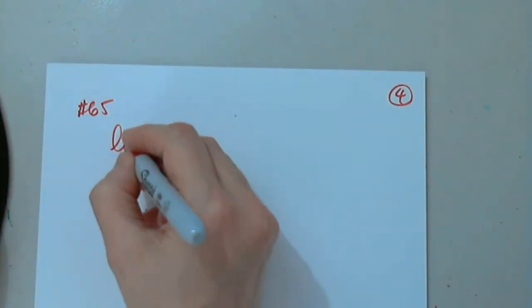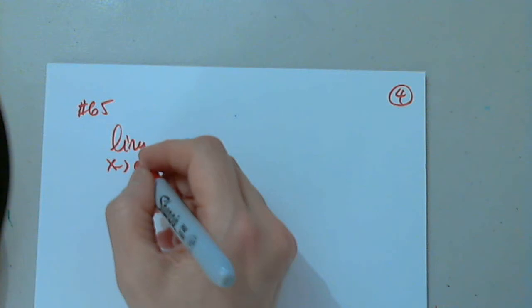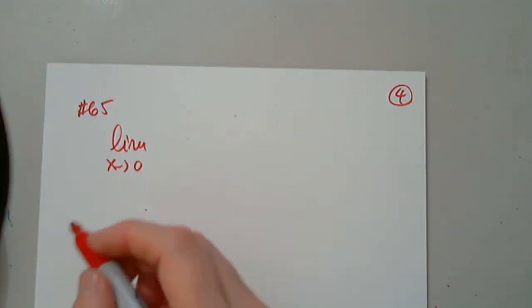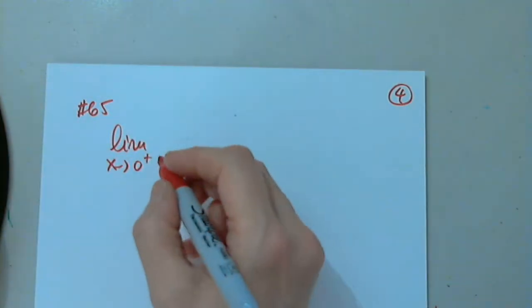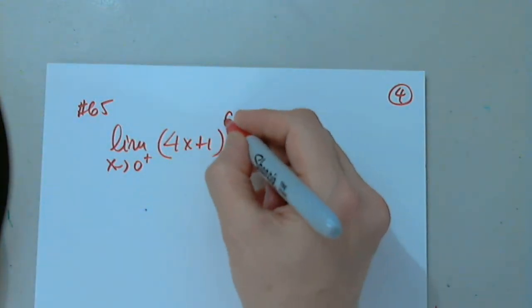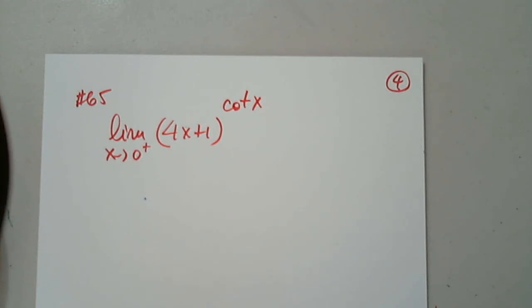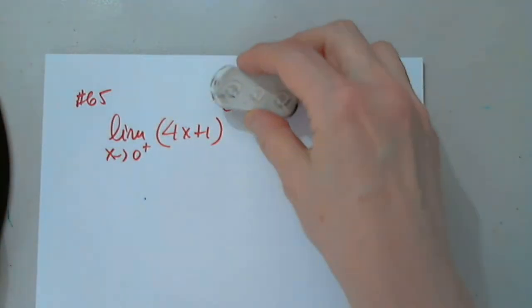Limit as x approaches 0 from the right again, and it's 4x plus 1 raised to cotangent x. Yes, it's not friendly, but we will decompose it step by step.